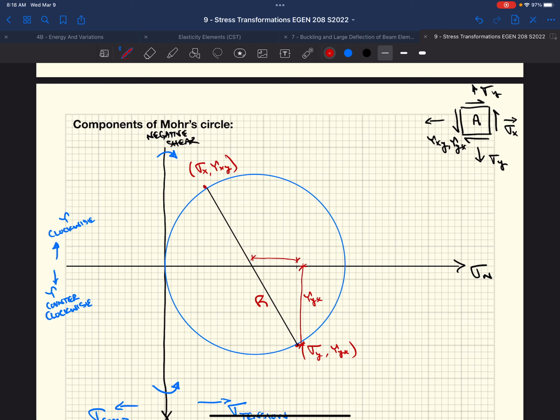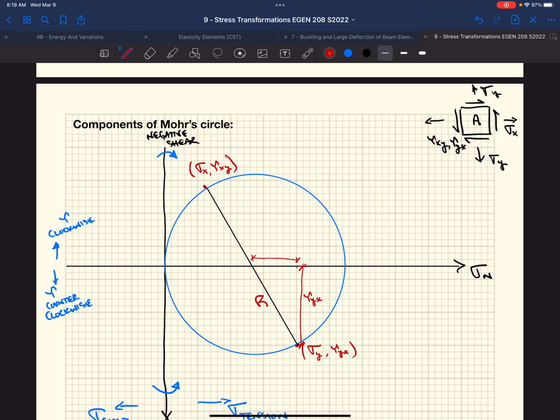As we look on this circle, the x face and the y face are always going to be across the circle from one another. So this is a known orientation of stresses. These are known points due to a stress state that we calculated.